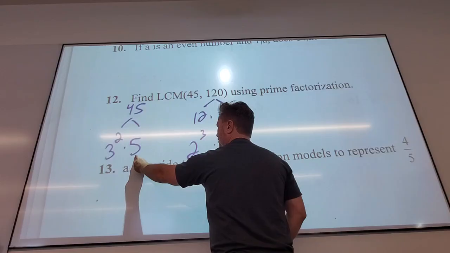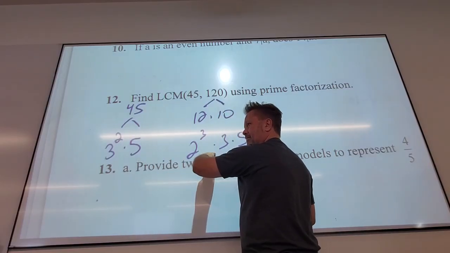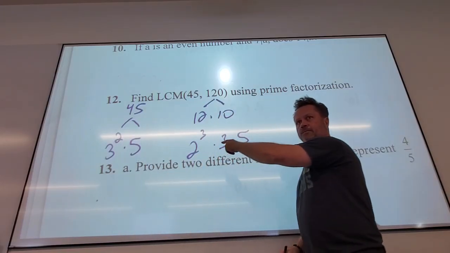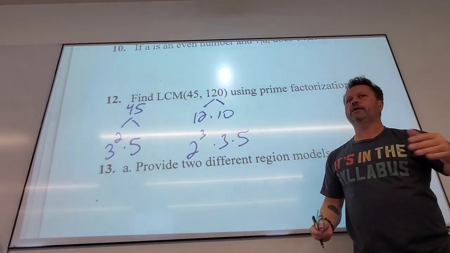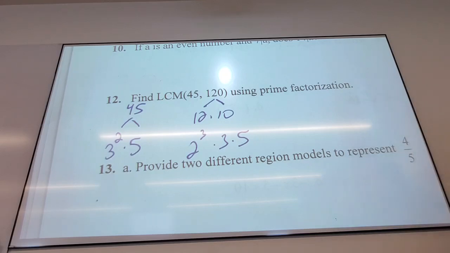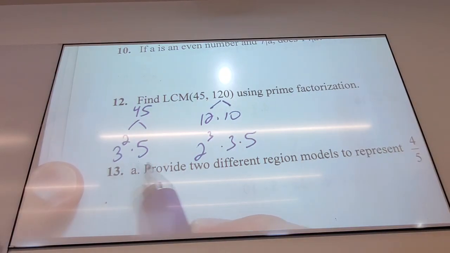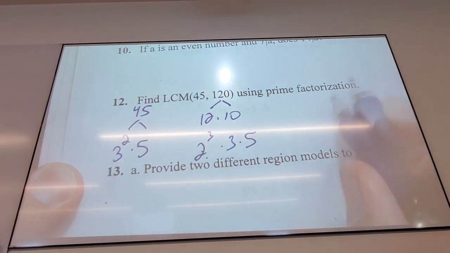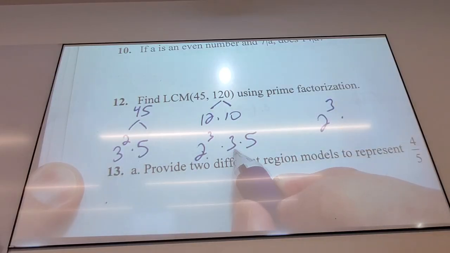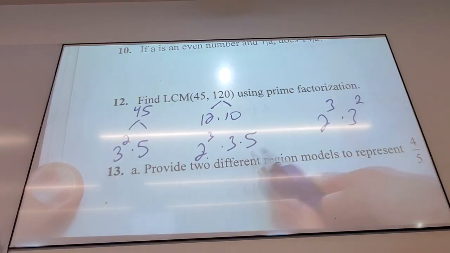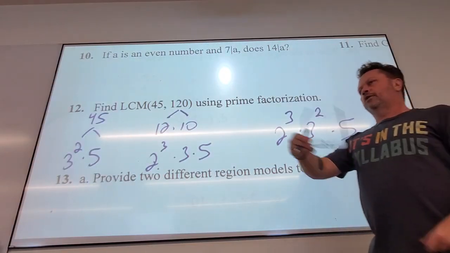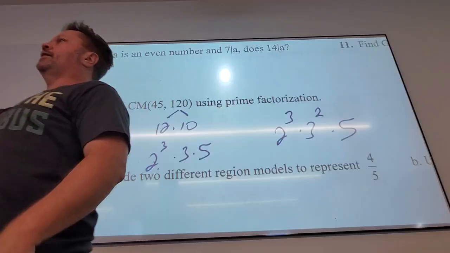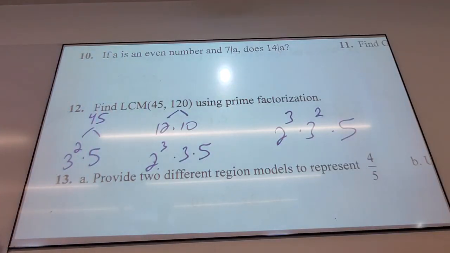So the shortcut becomes, take the largest power you see on each number. I see a 2 somewhere in here, and there's 3 of them, so I'm going to take three 2s. I see a 3, and I'm going to take two 3s, and I see a 5, and the highest power I see is 1. And then you can just do 8 times 9 times 5, 72 times 5, which is 36 times 10, is 360.